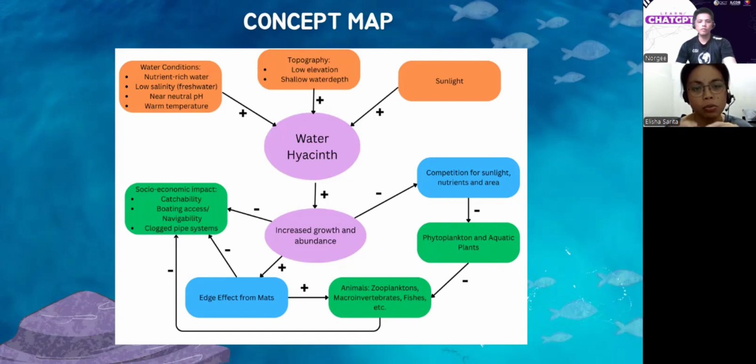The matting of the water hyacinth creates a niche, a sort of habitat, and even a perching habitat for other organisms like egrets, eels, and fishes like tilapia. But in terms of social impact, it does have a negative effect on catchability, with a reduction of fish present, as well as making boat access and navigability hard for humans.